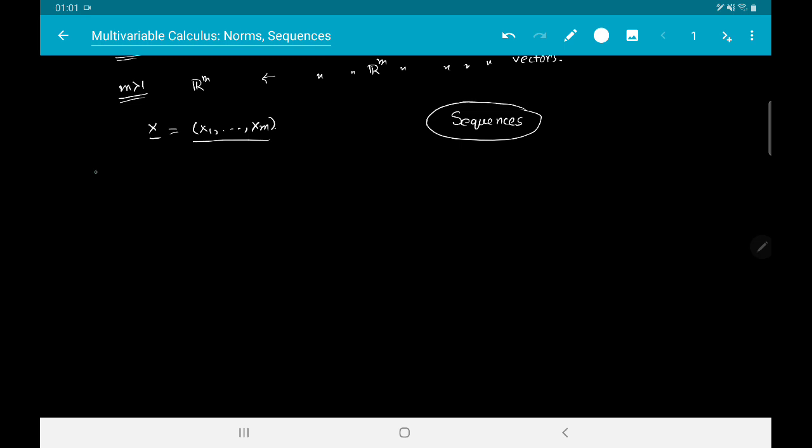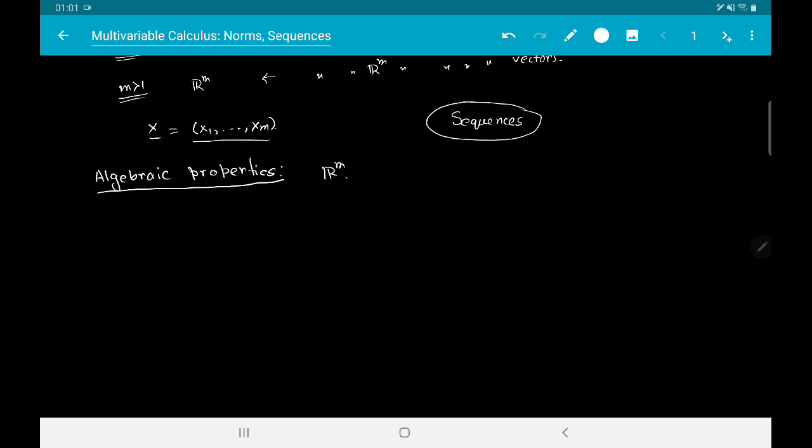So first, some algebraic properties. Let me mention a few. As I have mentioned before, algebraic properties refer to addition, multiplication, and division if it is possible in our mathematical structure. And here what we are considering is Rm.